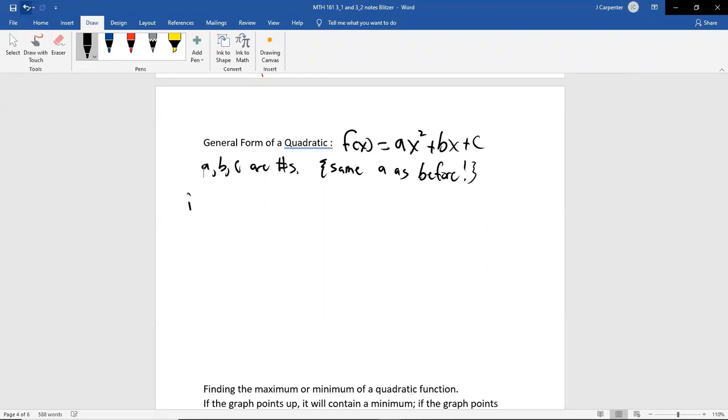So in this form, how can we find the vertex? Well, one method is to complete the square on this thing. You take your ax squared plus bx plus c, and you complete the square on ax squared plus bx. And then you would say, oh, well, I add that to both sides.